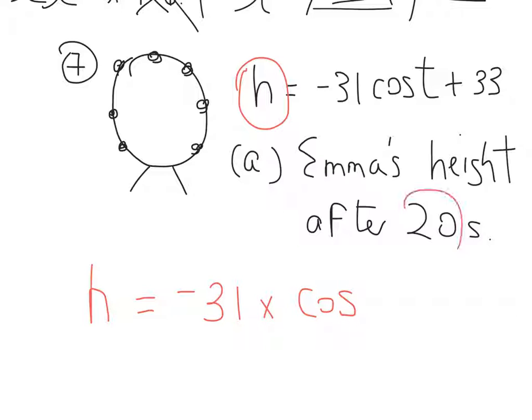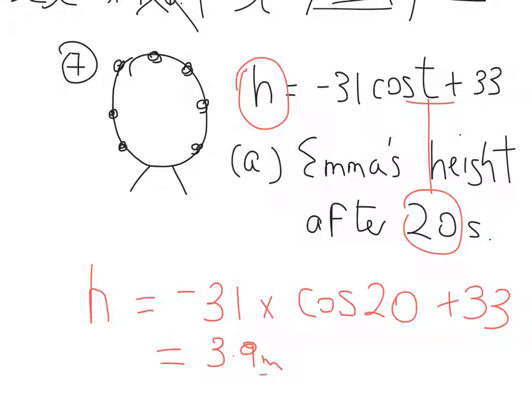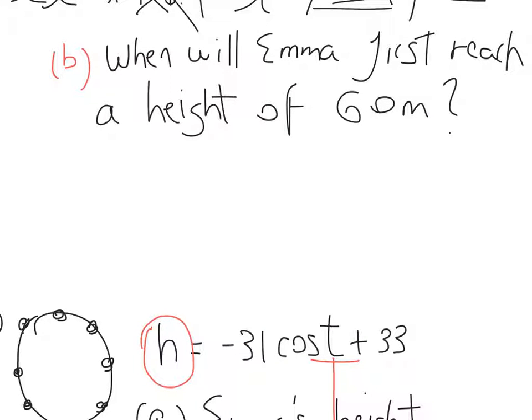Now, as we can see, the time is 20, so we can sub that straight in and then input that into the calculator. That will give me 3.9 meters. Okay, part B then says, when will Emma first reach a height of 60 meters above ground?